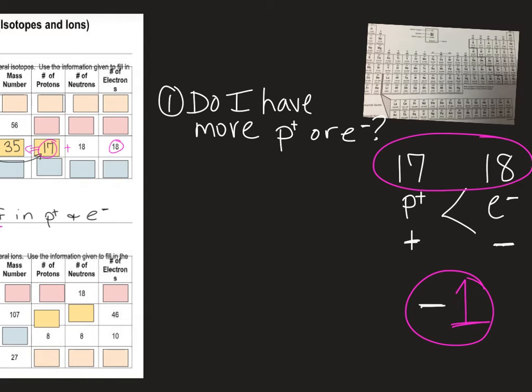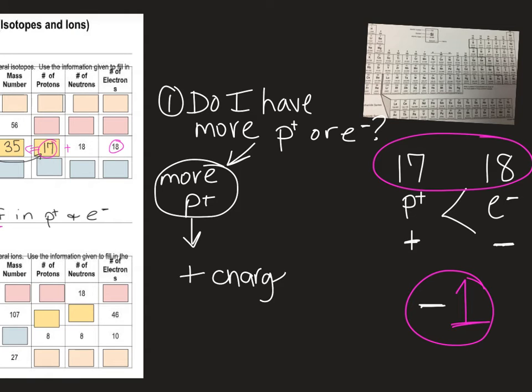You have to ask yourself that first. And you have an option. I'm going to make a little flow chart here. If I have more protons, then that means that I have a positive charge. If I have more electrons, then that means that I have a negative charge.